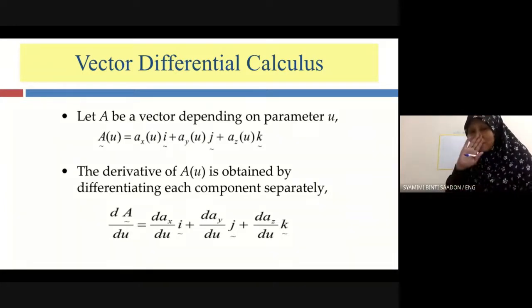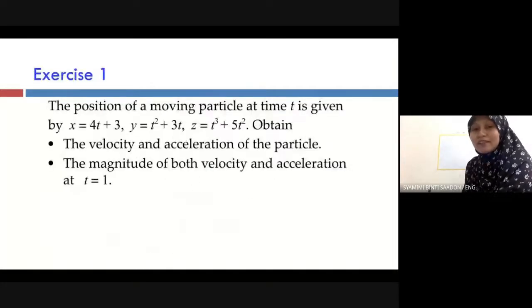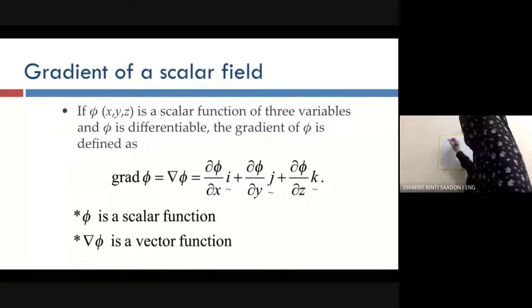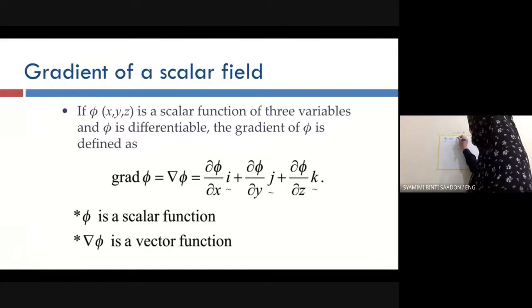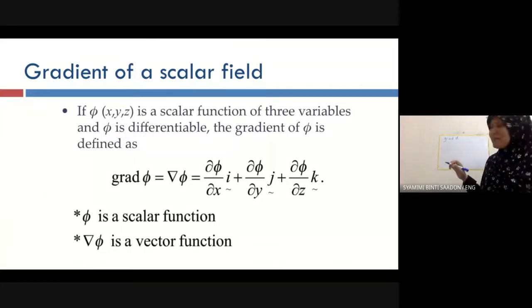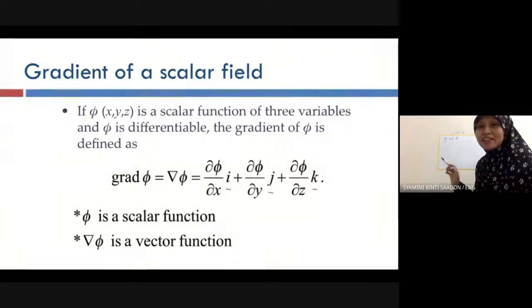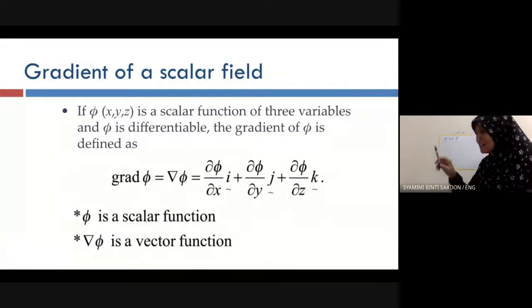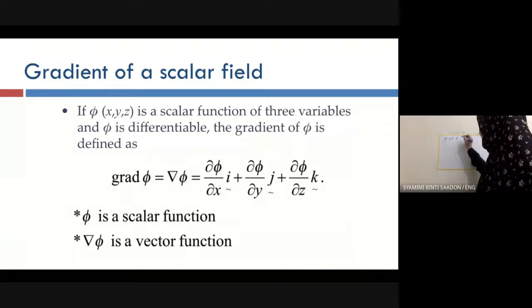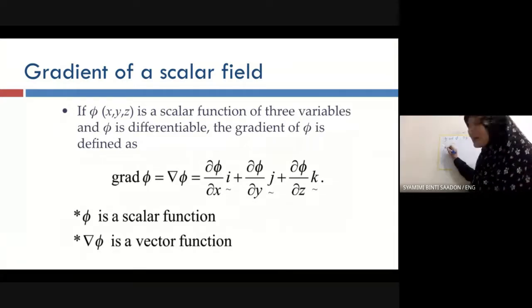Just to summarize, we first learned the definition of vector derivatives. First, gradient: the gradient of phi, or the gradient of a scalar function. What we know about gradient is that it goes from a scalar to a vector, and we can write it like this. Second, we learned about the divergence.